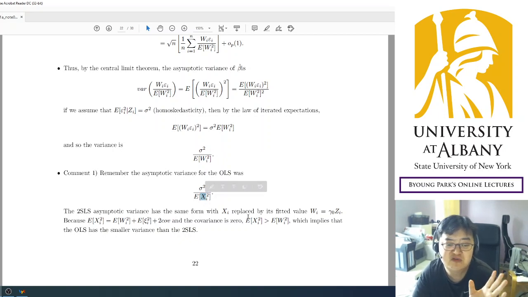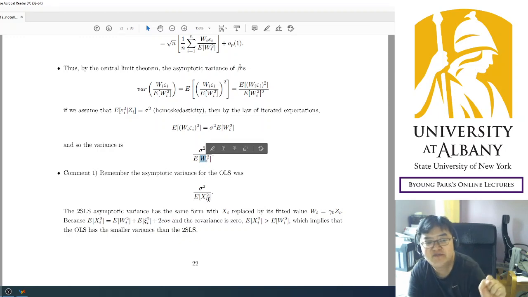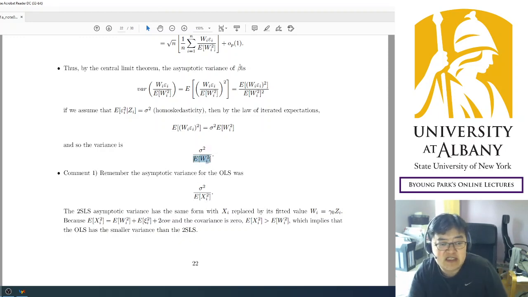It's easy to prove this. Because w is just a part of x, its denominator is small, which means the variance is large, which means the estimator is less accurate, right? So if OLS was possible, of course OLS is better. If there was no endogeneity, you can do better by OLS.